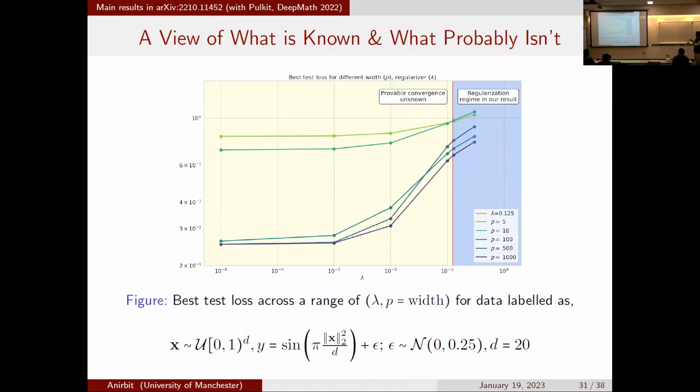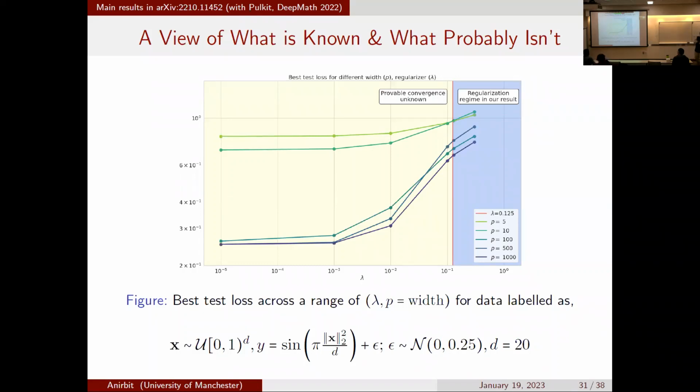The smallest widths obviously have the highest test error. As I'm increasing the width, the test error starts to fall. And the training data is chosen in such a way that some of these widths are in the underparameterized regime, some of the widths are in the overparameterized regime. The training data size is somewhere in the middle here, I think around 800 in this experiment. So the first 4 curves are in the underparameterized regime, then it goes overparameterized.